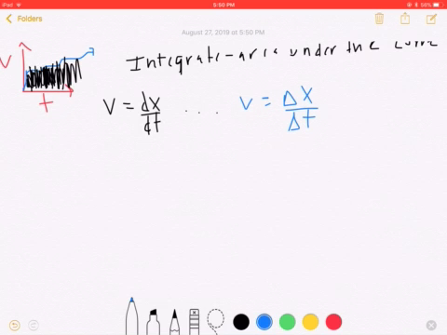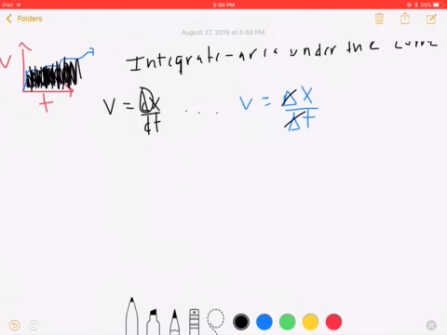Basically, we replace that delta with a very small d, meaning an extraordinarily small amount of change. There is no space between these points on the velocity versus time graph in which we are developing what the displacement is. So velocity is change in displacement over change in time, dx/dt.